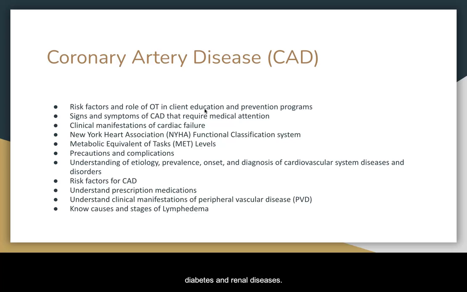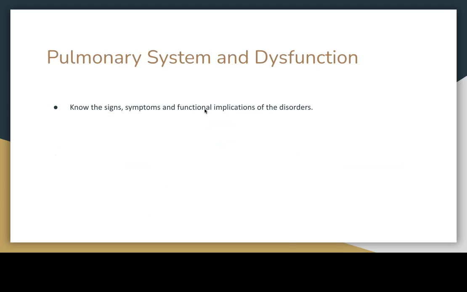We go back to diabetes and renal diseases, how all of those conditions work together to create this coronary artery disease. And then you've already had your lecture and fieldwork on lymphedema, so knowing the causes and the stages of that.